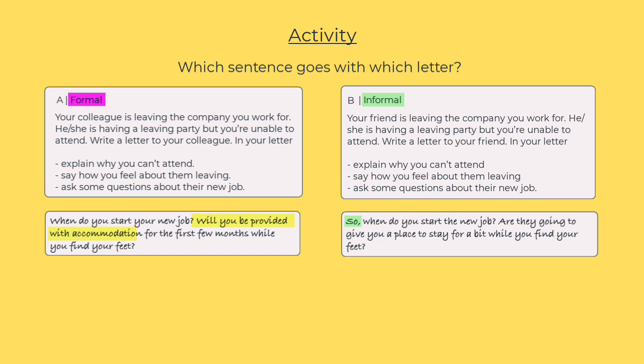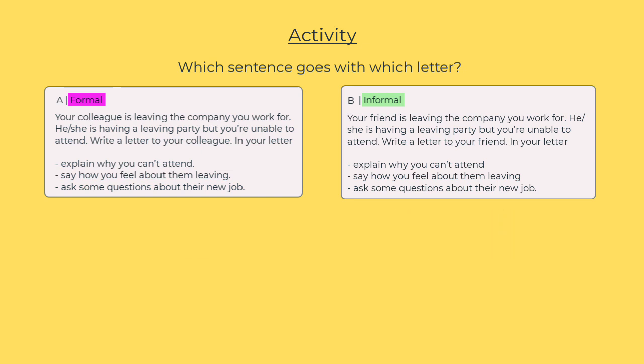Here, accommodation is more formal than place. But also we have the passive voice, will you be provided, instead of, are they going to give you? Now, you can use the passive voice in an informal letter, but it's more common in formal letters because it sounds less conversational. Next.